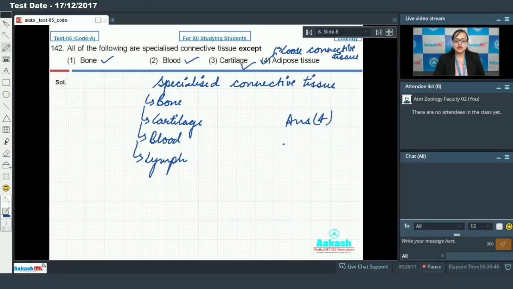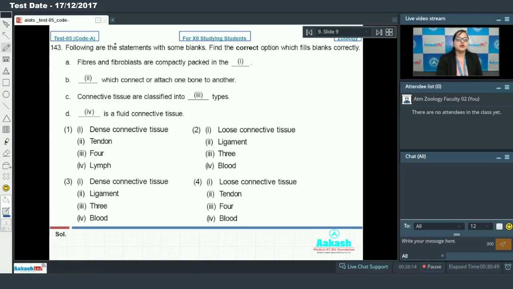So let's proceed to our next question. That is question 143, which says following are the statements with some blanks. Find the correct option which fills blanks correctly. Option A, fibers and fibroblasts are completely packed in the dense connective tissue, while they are loosely packed in the loose connective tissue.